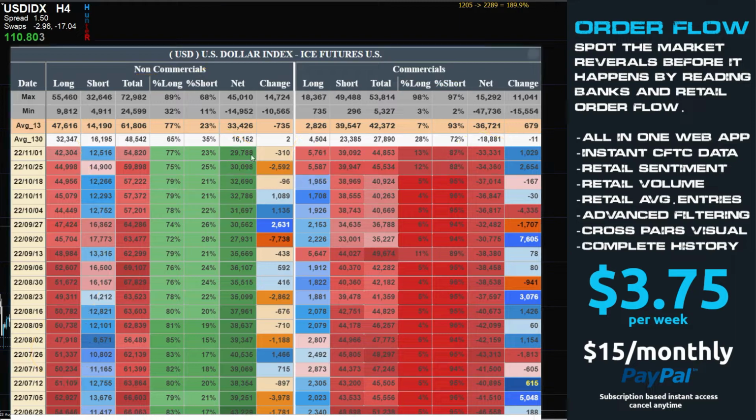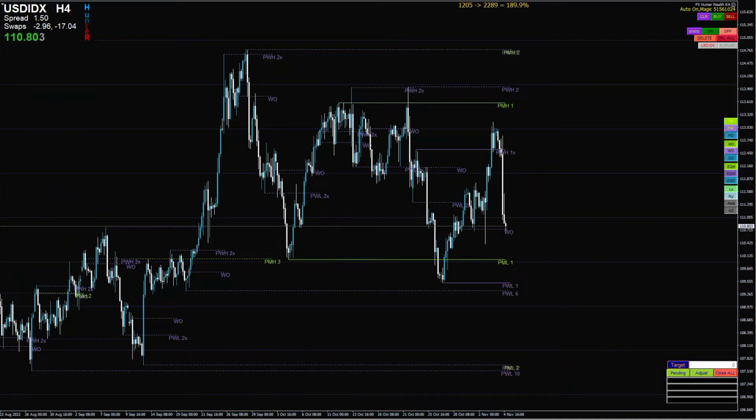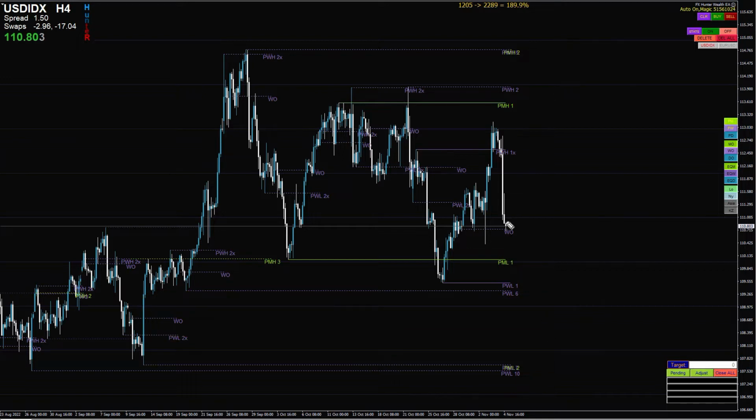So the dollar is slightly bearish, however commercials are bringing the long positions. So in my opinion, this gap will be filled probably this week, right? So some correction to fill this gap, and then lower it can happen in my opinion on the dollar.